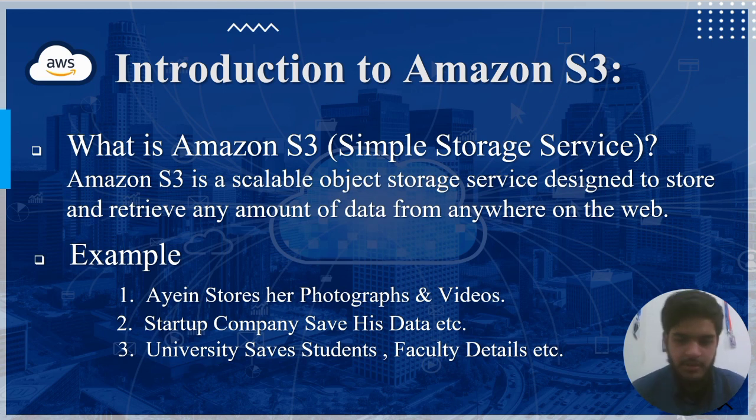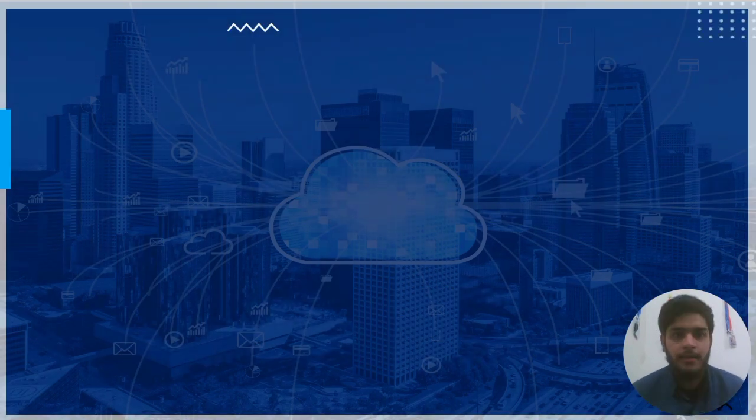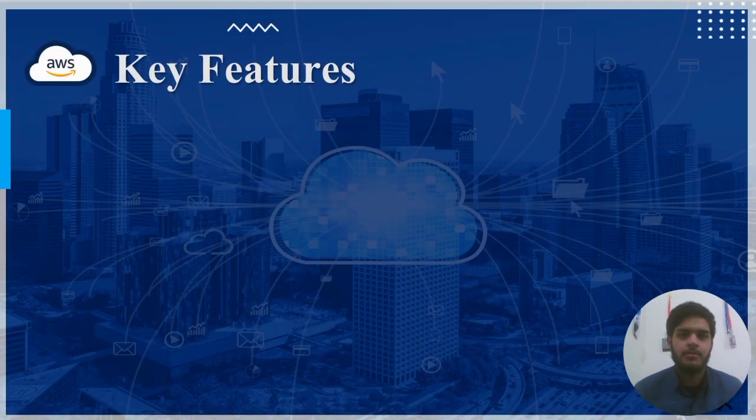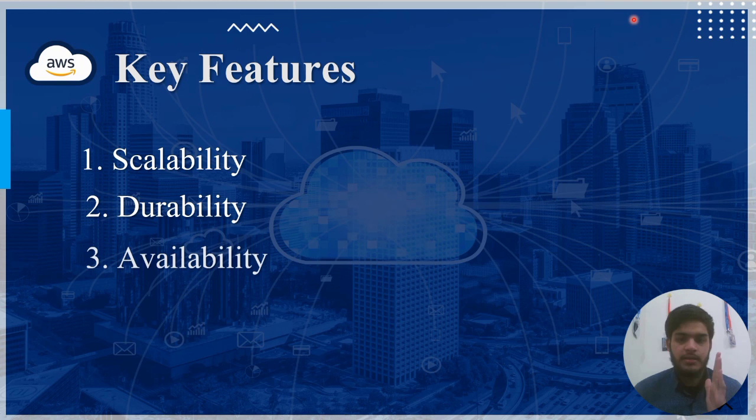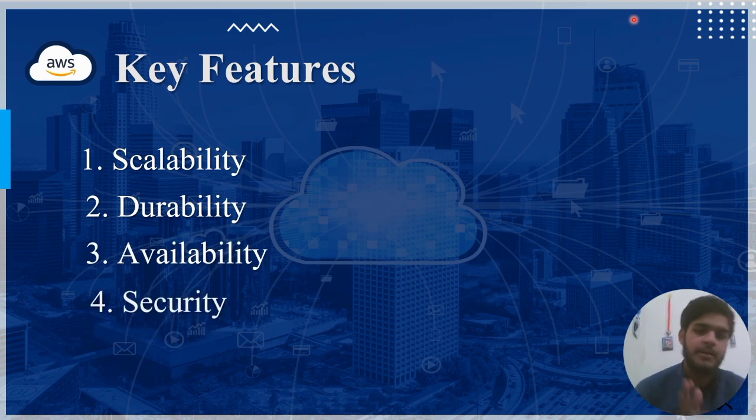So why Amazon S3? Let's move toward the point of why universities use Amazon S3. There are some key features which make Amazon S3 unique from Microsoft Azure or Google Cloud. These key features are scalability, durability, availability, and fourth, security. Amazon S3 offers scalability to accommodate higher data demands.